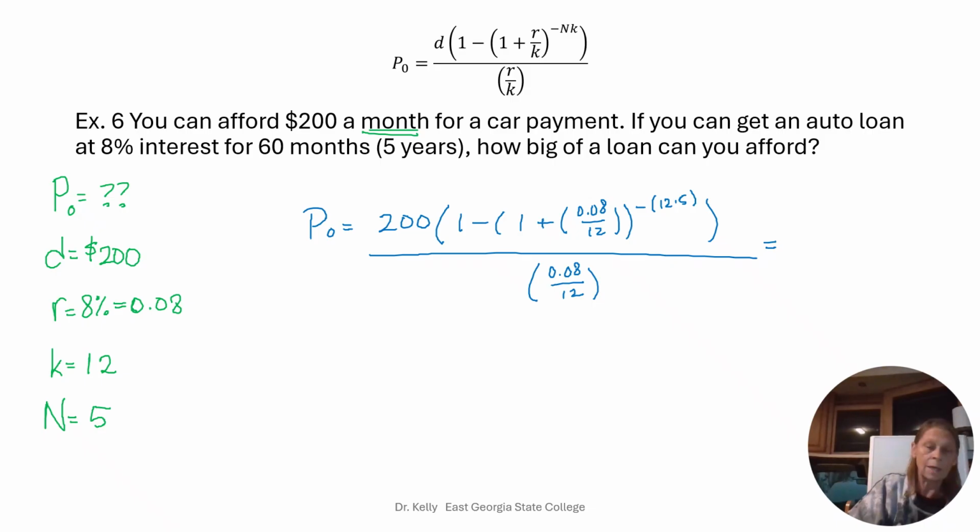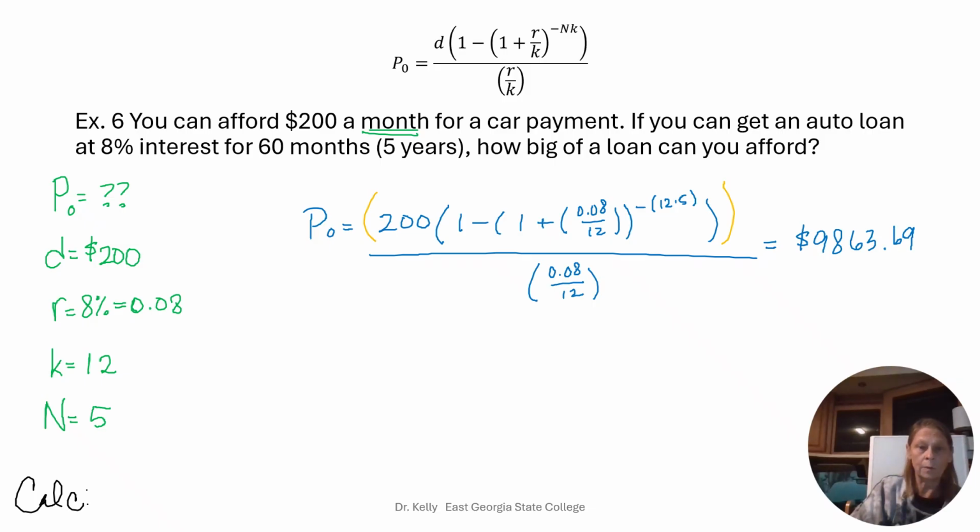And if we run that through, we get $9,863.69. Let's get our calc steps here. We're going to have to put a set of parentheses around the top.